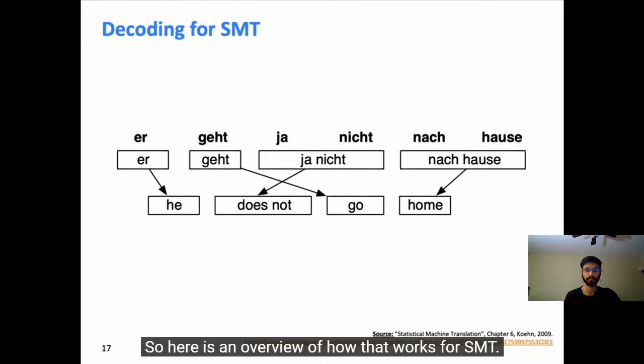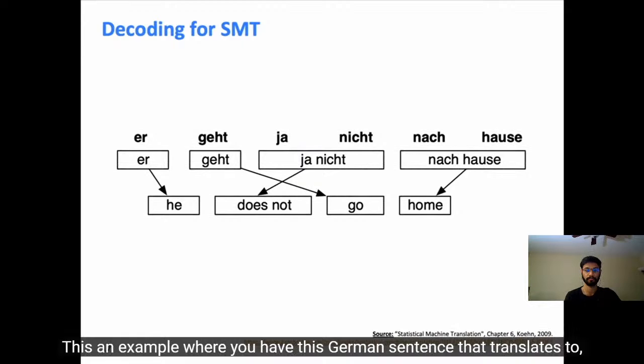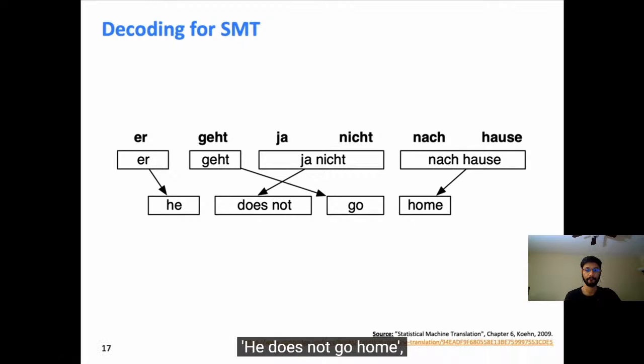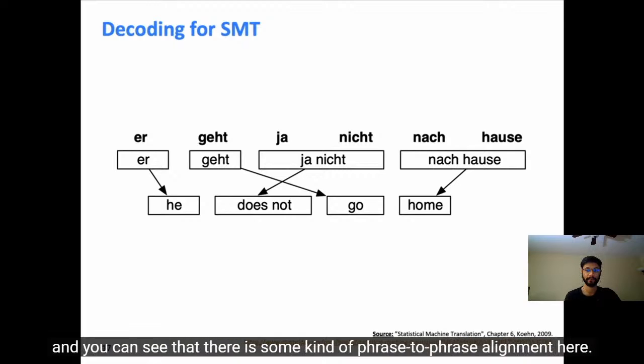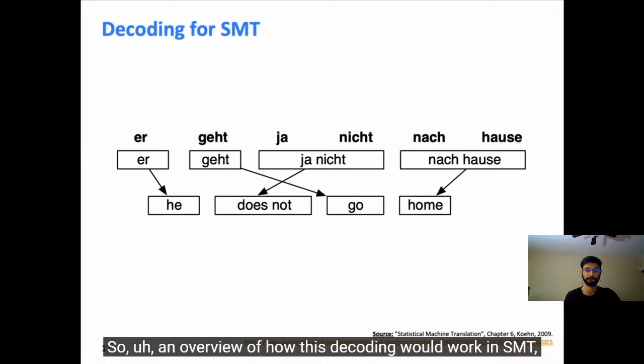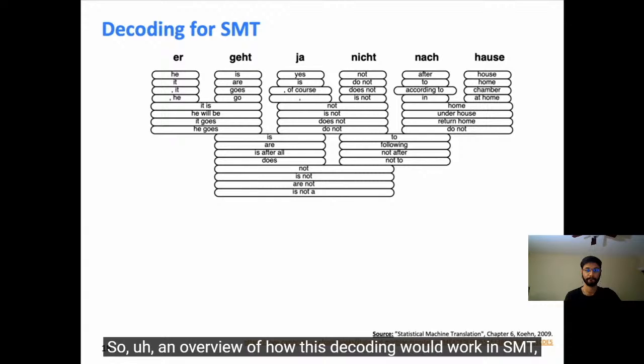So here's an overview of how that works for SMT. This is an example where you have this German sentence that translates to "he does not go home." And you can see that there's some kind of phrase-to-phrase alignments here. So an overview of how this decoding would work in SMT is that you consider lots of different hypotheses for how you might translate these individual words, and then you build it up to consider how you might translate individual phrases, and the phrases get bigger.